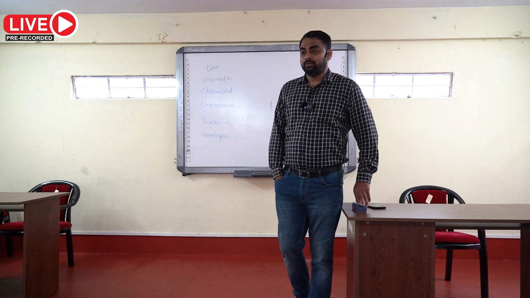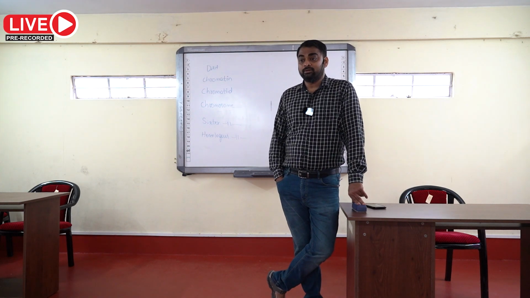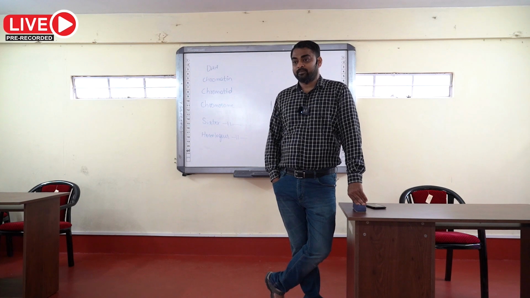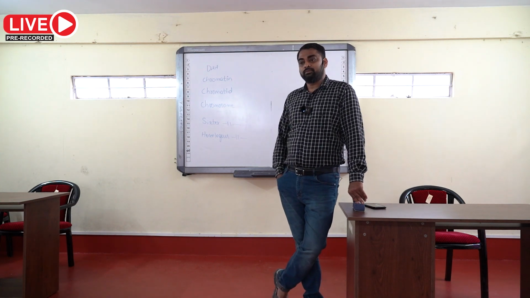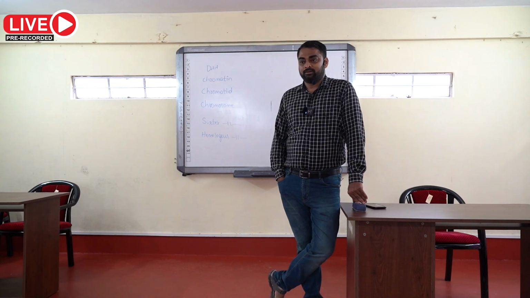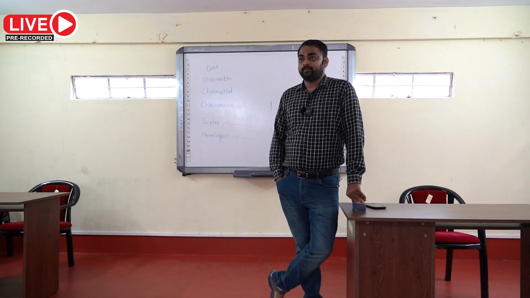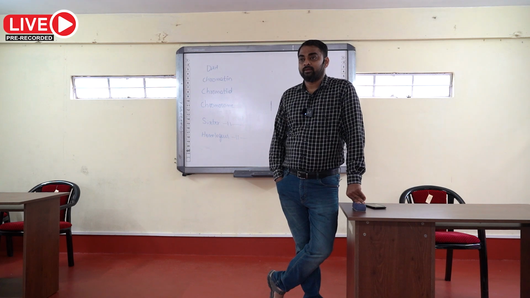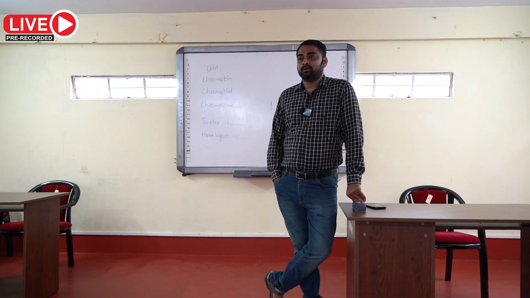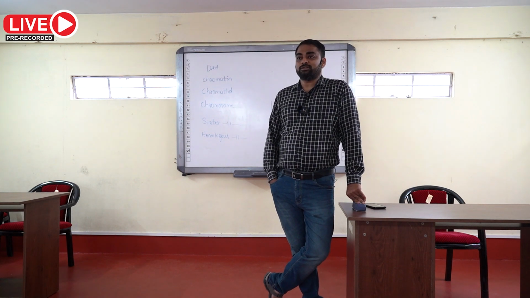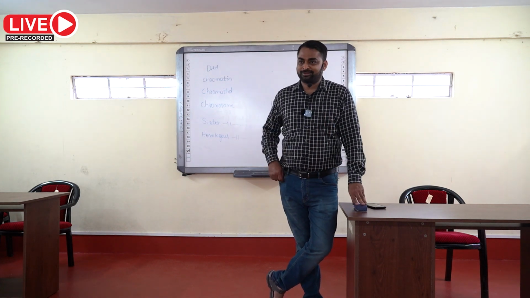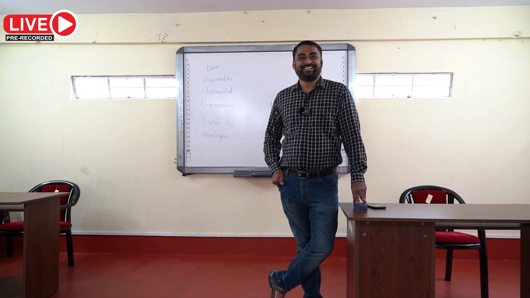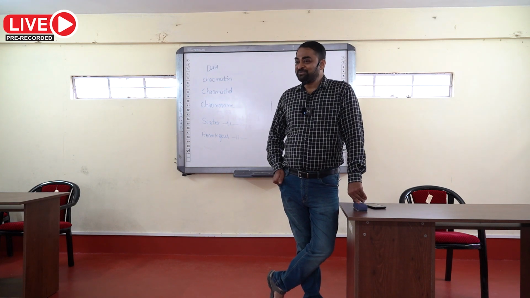Condensed form. Very good. Condensed form of DNA. Okay. What is sister chromosome? When two daughter chromosomes, obviously, both the daughters are sisters to each other. Okay. What are homologous chromosomes?